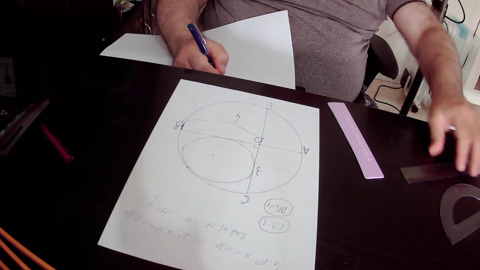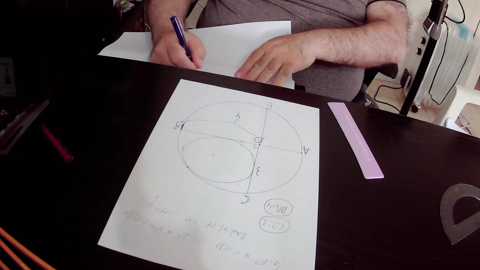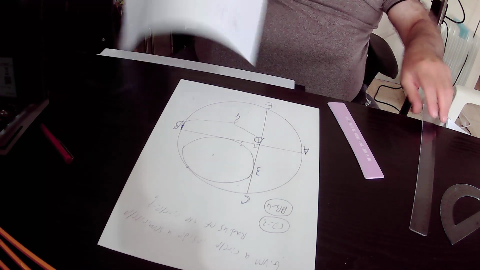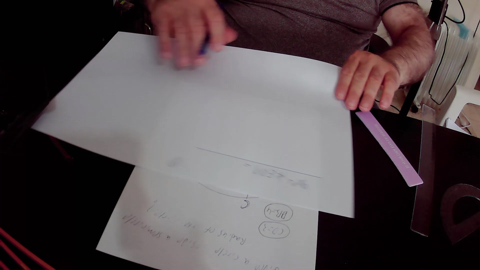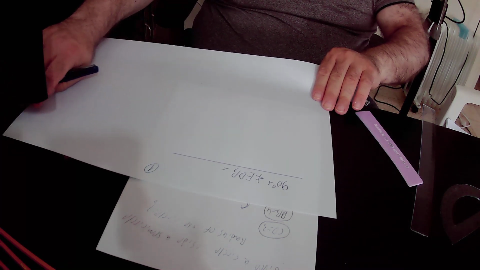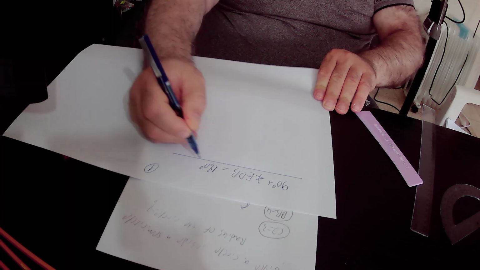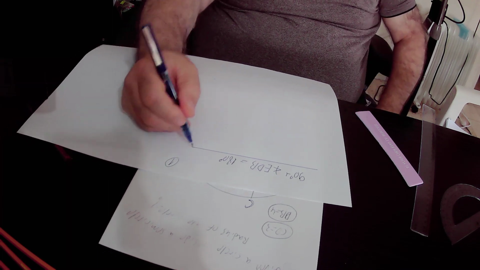The sum of those two angles must be equal to 180 degrees, according to the rule that the sum of the angles on one side of a straight line is equal to 180 degrees.